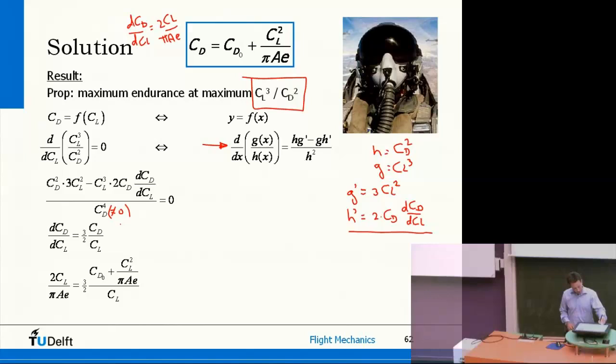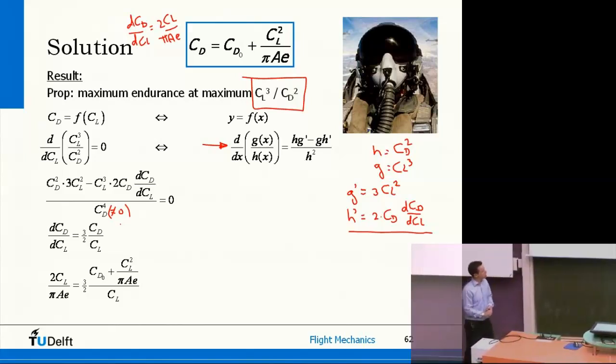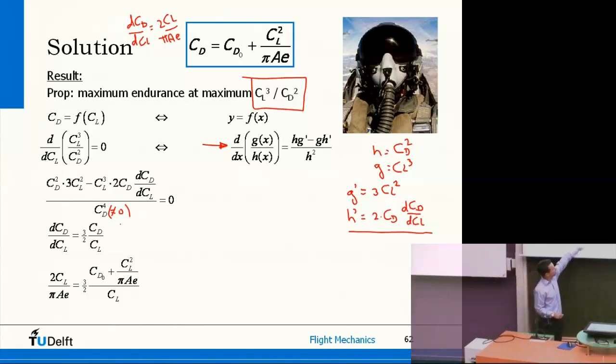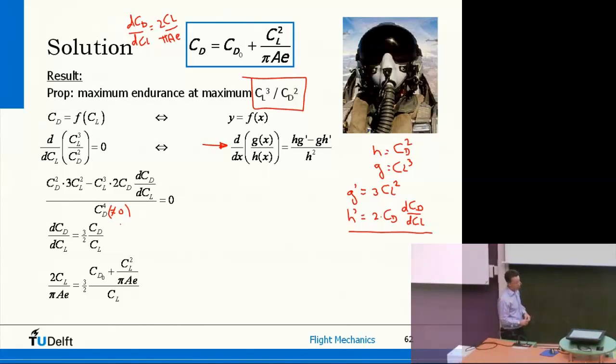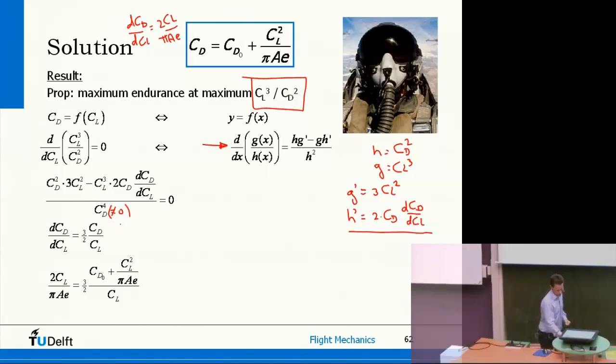Now that is constant, because all the parameters in the equation are constant. This is all given for a given aircraft. And if you know CL, you can calculate airspeed.